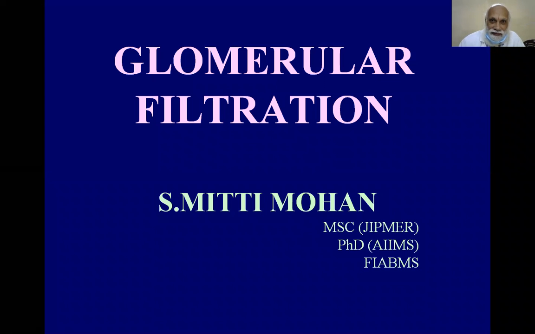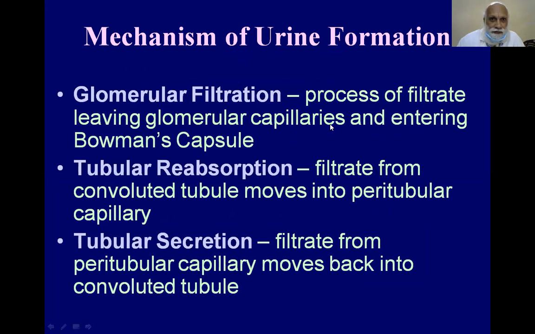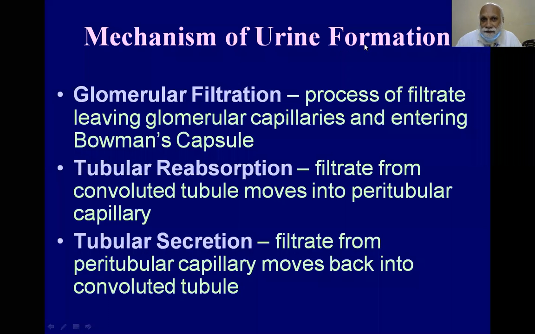Today we'll revise the filtration process, across the glomerular filtration and the various things that are related to it. Now, if you see how the urine is formed ultimately, there are two basic processes.